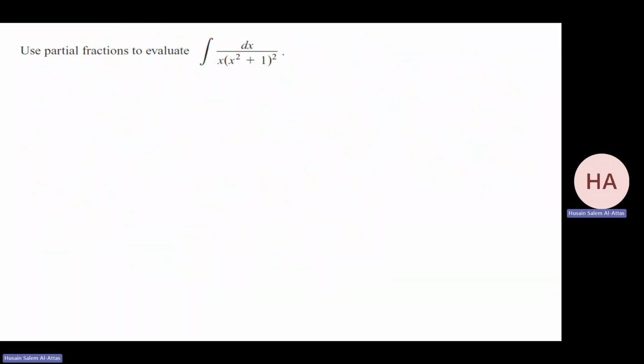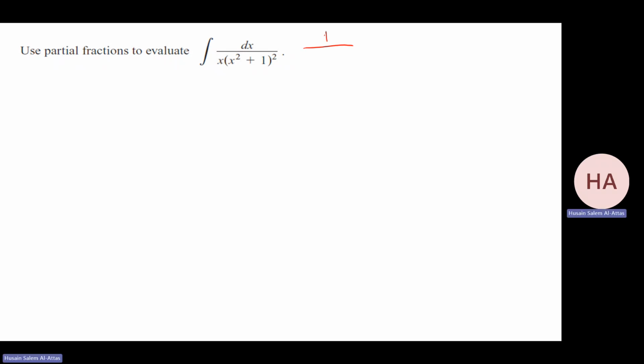If you do more problems, no? It's a little bit complicated, but I think it's a good practice for this partial fraction. This one, I will rewrite it. 1 over x times (x squared plus 1) squared.